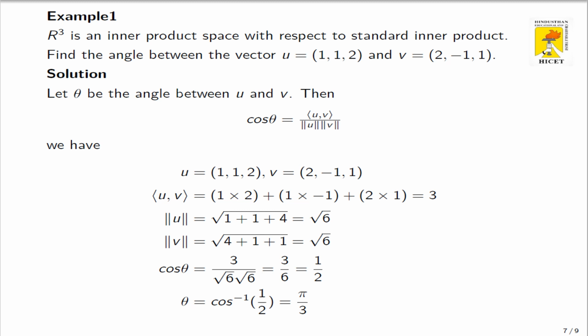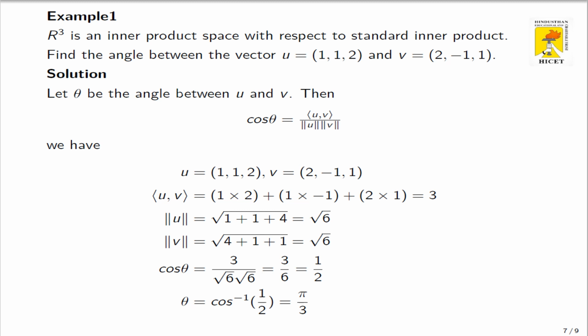Next, let us find the angle between two vectors through an example. R power 3 is an inner product space with respect to the standard inner product. Find the angle between the vectors u is equal to (1, 1, 2) and v is equal to (2, -1, 1). The solution is, we know the formula already: cos theta is equal to the inner product of u comma v divided by norm u into norm v.